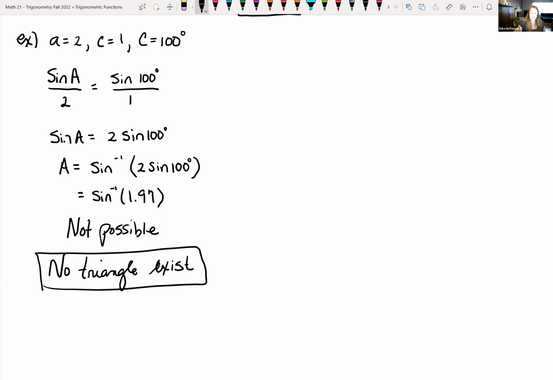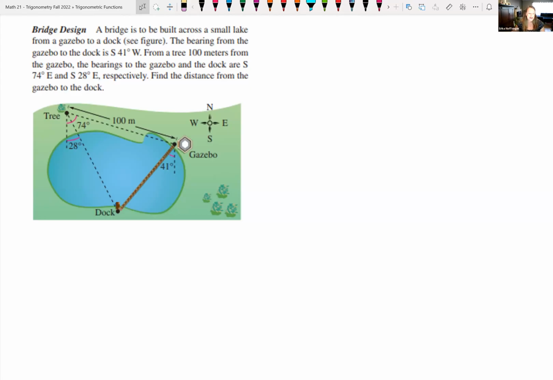Okay, so let's look at some applications and apply this law of sines to some applications. Our next problem in front of us is about bridge design, and it says a bridge is to be built across a small lake from a gazebo to a dock, and there's a figure below.